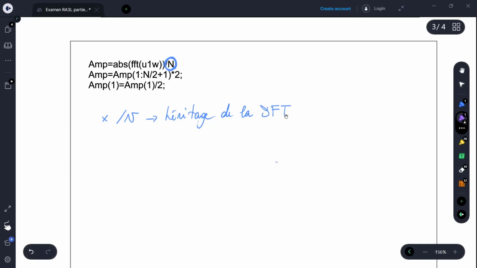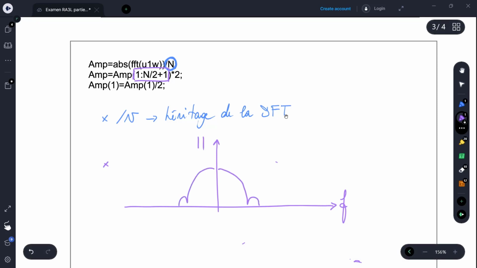Deuxième chose, vous voyez ensuite qu'on va ici ne garder qu'une partie des différentes amplitudes qui nous ont été fournies. Alors pourquoi est-ce que c'est ainsi? C'est ainsi parce que quand on applique la FFT, qu'est-ce qui nous est retourné comme information? Vous savez qu'en réalité, ce qu'on devrait avoir ici en fonction de la fréquence, si on représente l'amplitude, pour un signal quelconque, c'est un spectre fréquentiel comme ceci qui devrait être discrétisé naturellement.